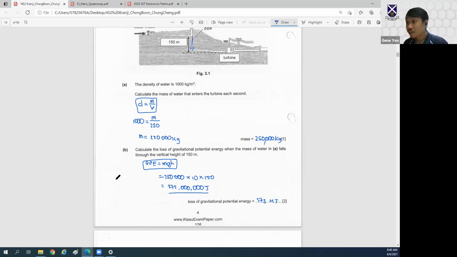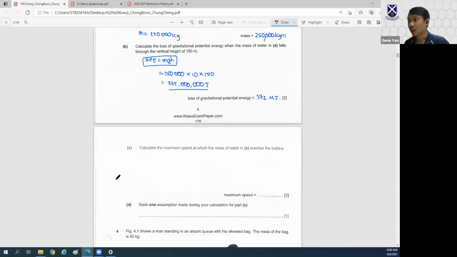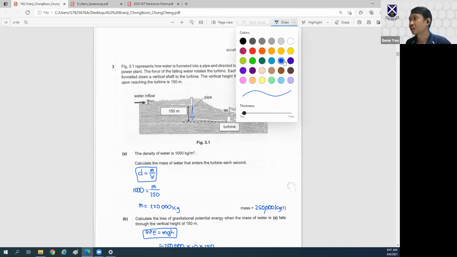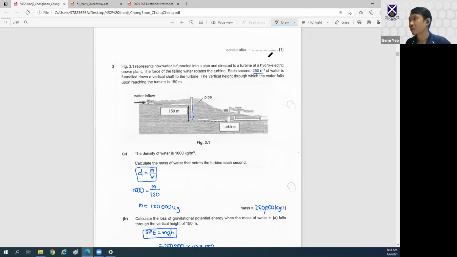All right. Let's go on to part C. Calculate the speed at which the mass of water reaches the turbine. What's going to happen is that there's going to be the energy loss here, right? The energy loss falling down the pipe, which was 375 megajoules.